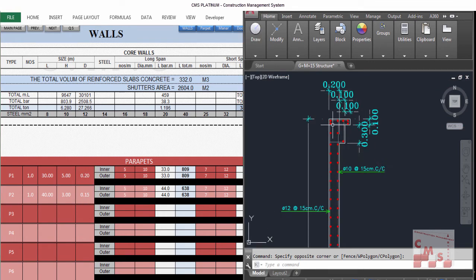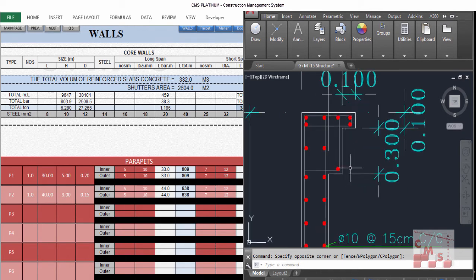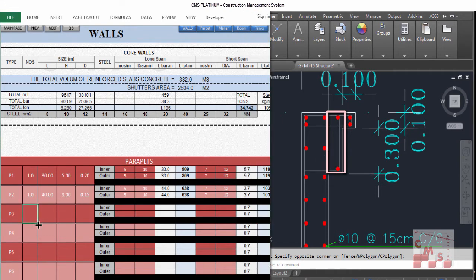What about the other projections? If the parapet has some projections or other types, we can enter each piece one by one. It is easy, and you can take this rectangle separately and enter the same length. Consider this one number because we took the full length one time, and the same length.